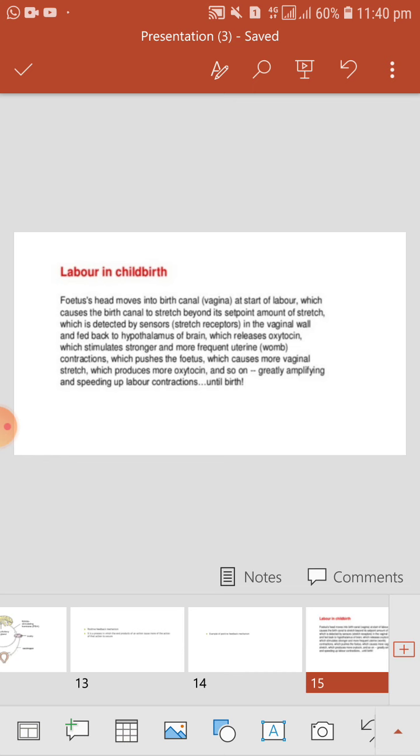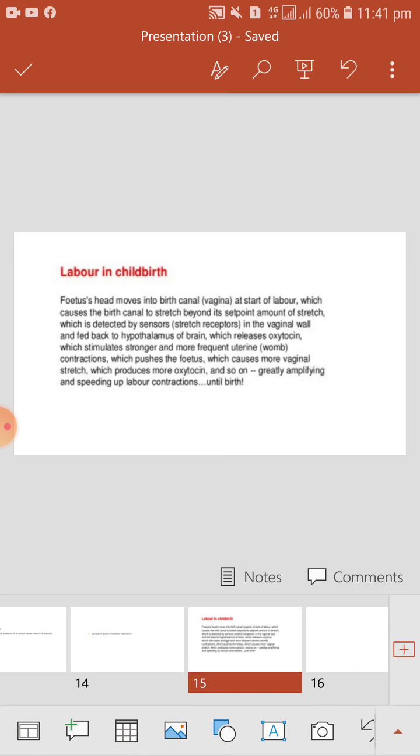The fetus's head moves into the birth canal at the start of labor, which causes the birth canal to stretch beyond its set point, detected by receptors in the vaginal wall, and fed back to the hypothalamus of the brain, which releases oxytocin. Oxytocin stimulates stronger and more frequent uterine contractions, which push the fetus, causing more vaginal stretch, which produces more oxytocin, and so on, greatly amplifying and speeding up labor contractions until birth.